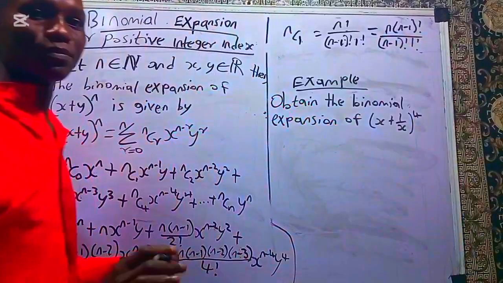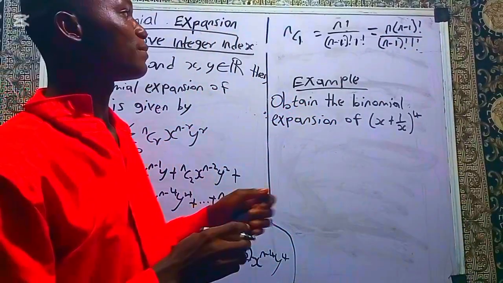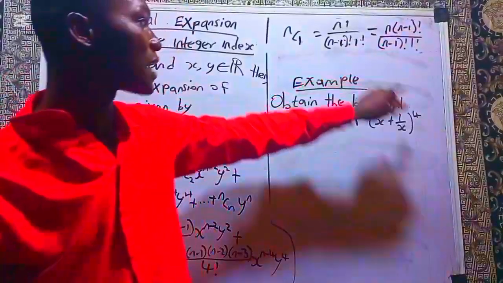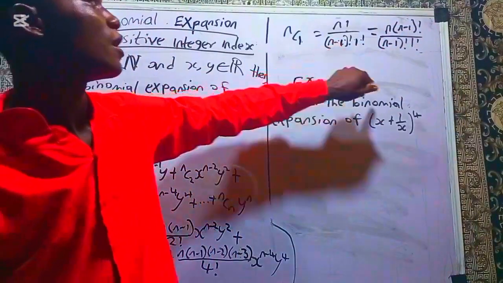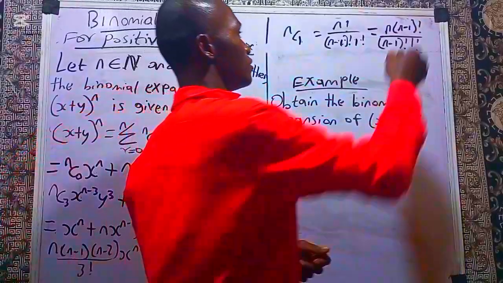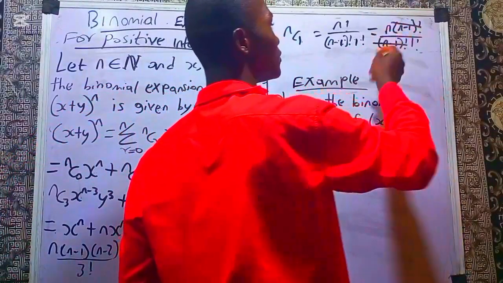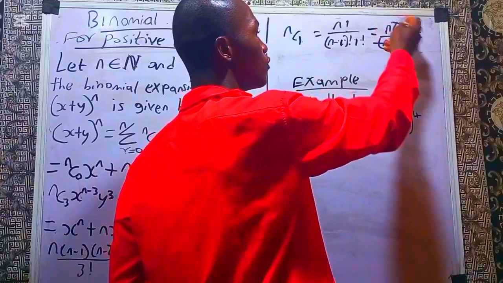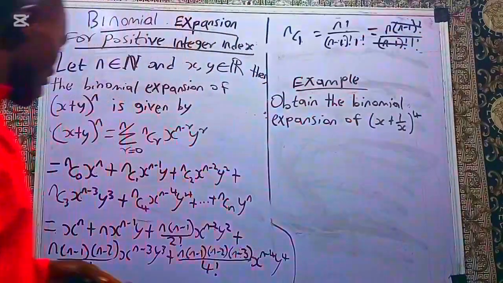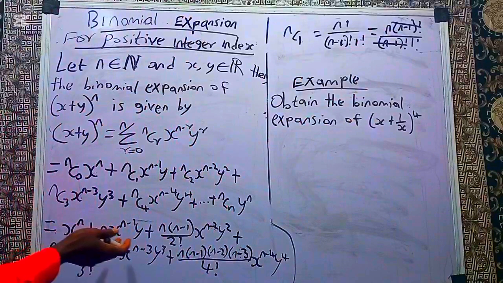I just simplified the numerator. Why I stop at n minus 1 factorial is because I have n minus 1 factorial in the denominator, so this one can cancel this one. What is remaining is n over 1 factorial. But 1 factorial is 1. So you have n. That's why we are having n.